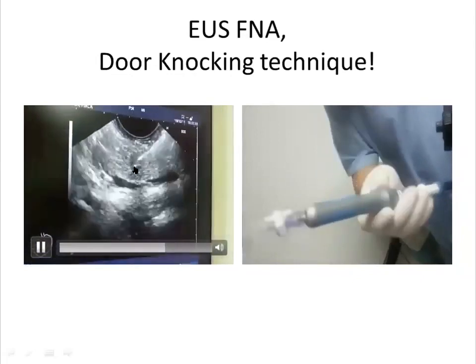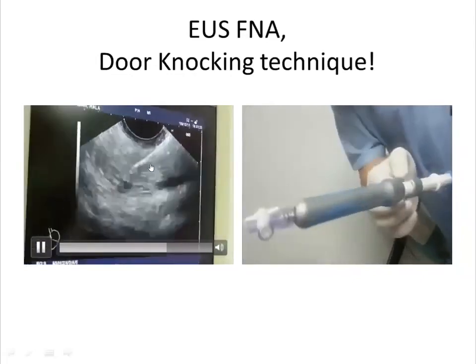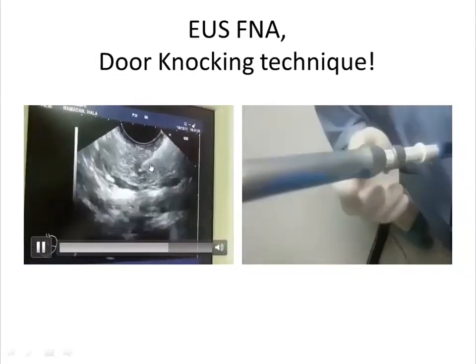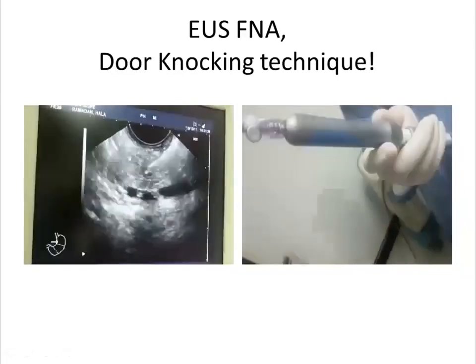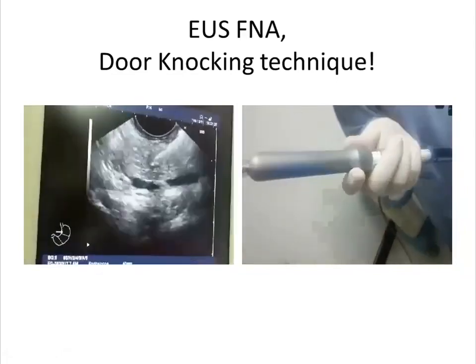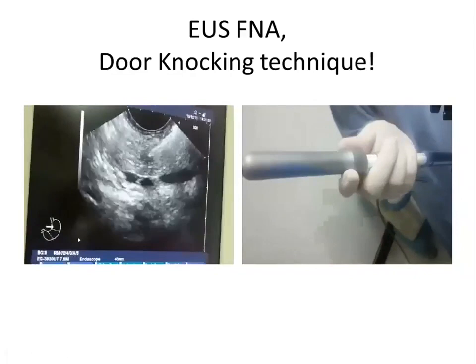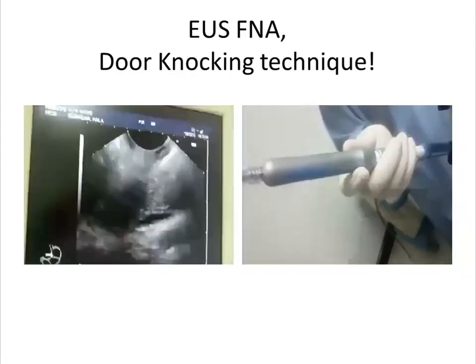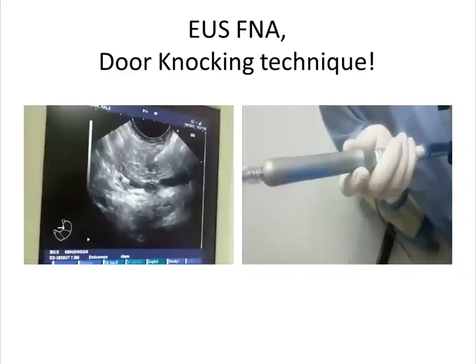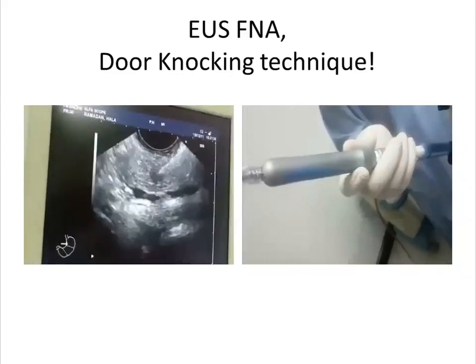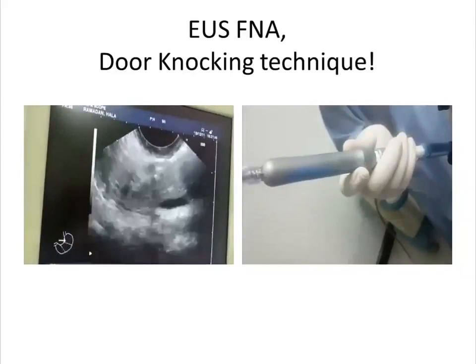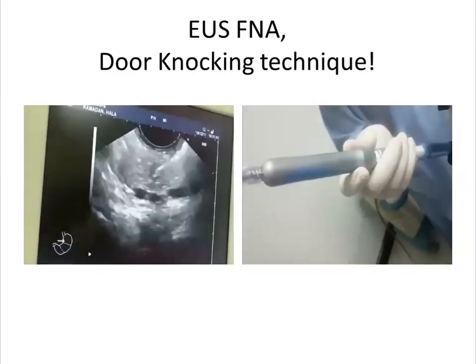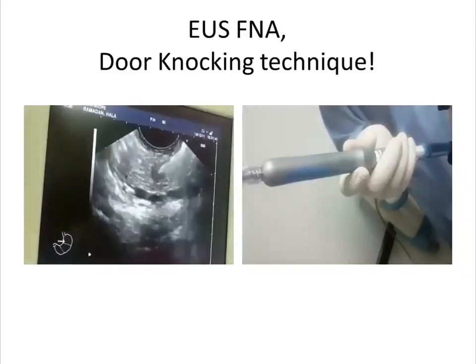Concentrate on that video. You notice now that we start to move inside the mass. So it is a very difficult mass because it is small, so the range of movement inside is very limited. It is 9 millimeter, very firm, and located in a soft normal pancreas.